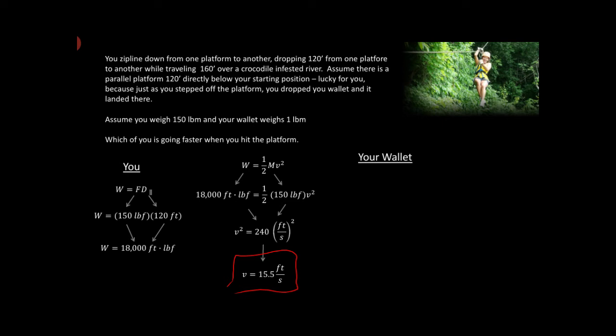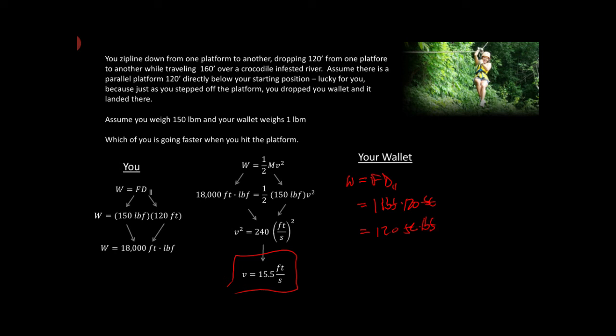So now let's do the same thing for your wallet. W equals F D parallel. In this case, the force is 1 pound of force times 120 feet, which is exactly 120 foot-pounds.